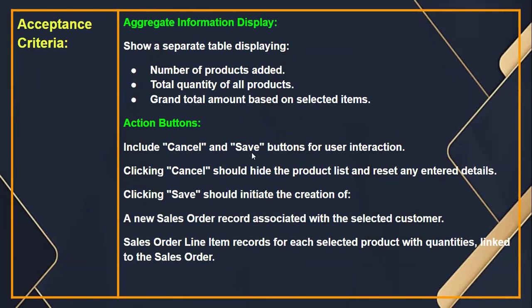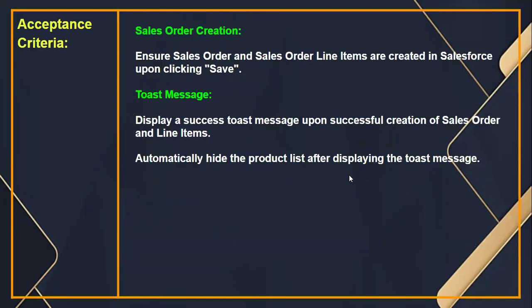Once we click on the save button, we have to display that the record was successfully created in the database, with the sales order for the selected customer, and the sales order line items linked to this sales order. And once we click on the cancel button, we just reset all the entered information.